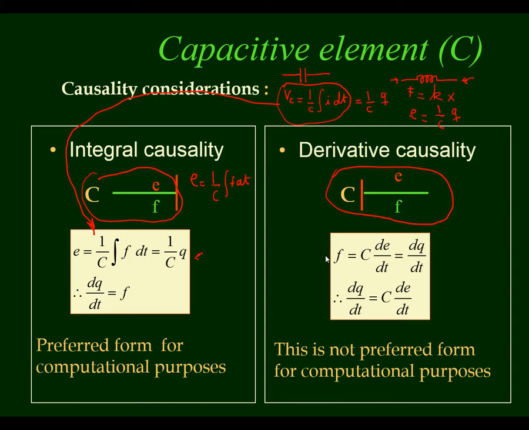But if you write the equation in another way, you can write it in the derivative form. And then you will have that F, this is the output in here, is C times d/dt, which would be the opposite of writing this equation.